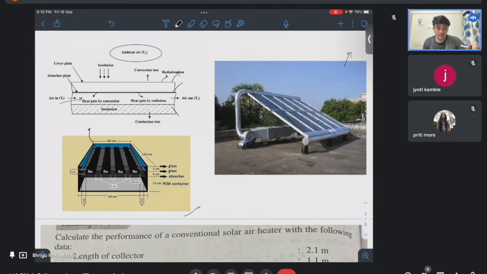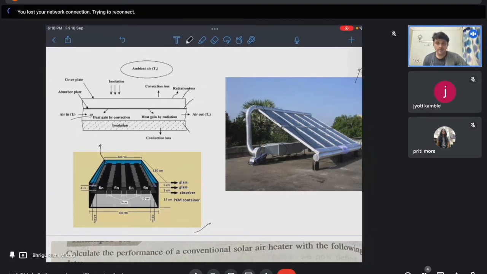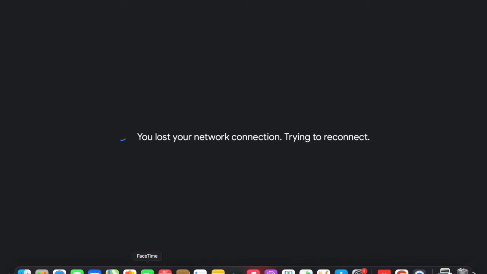Generally, fin based solar air heaters perform better compared to conventional solar air heaters, and we will see this in this example. Here we have considered two numericals, where in one we will analyze the performance of a conventional solar air heater.